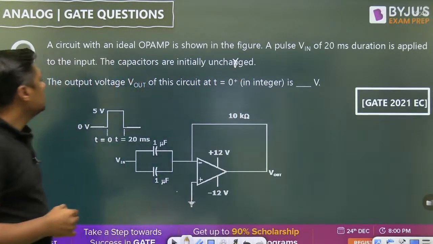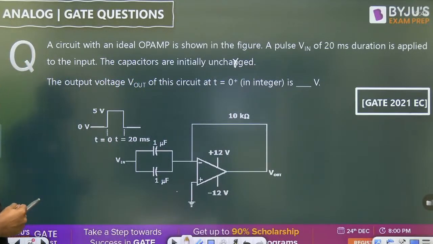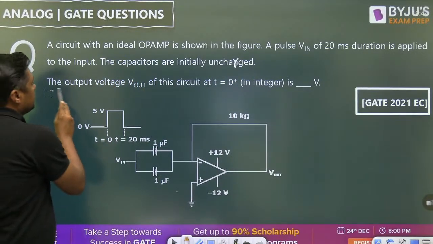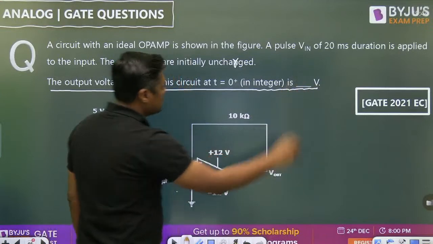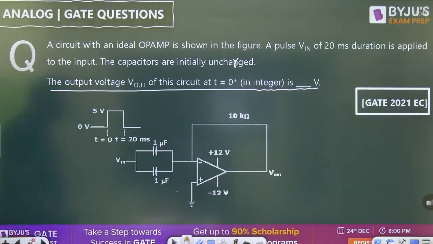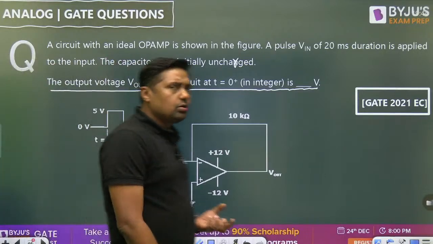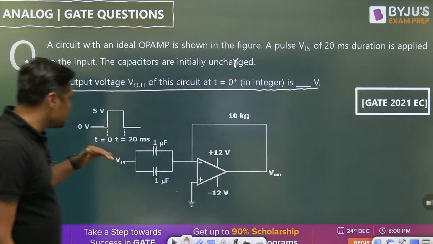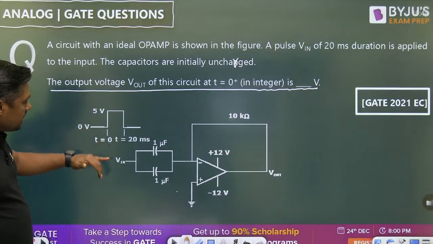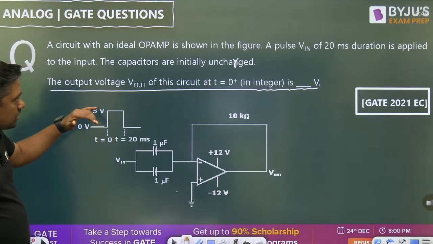The output voltage V out of this circuit at t equal to 0 plus is. Just exactly at t equal to 0 plus, what will be the output voltage? T equal to 0 plus means we are applying the pulse here. Suddenly at this point we are applying 5 volt.